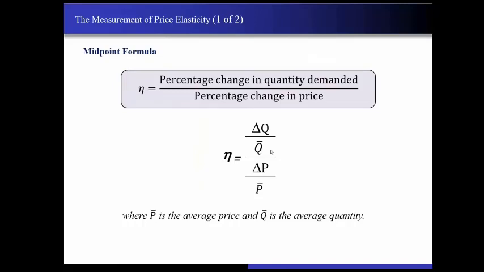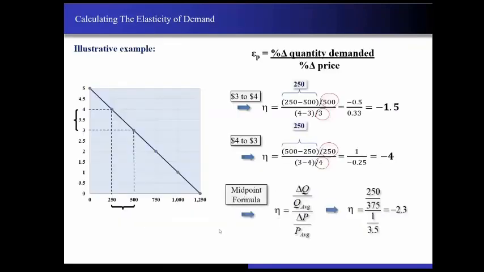So instead of using the standard percentage change, we're going to change it so that the denominator is the average of either the quantity or the price. So this is the example here. For the numerator, it'll still be the same. It'll be the 250. So we're just going to put the change in Q. Forget about the sign.